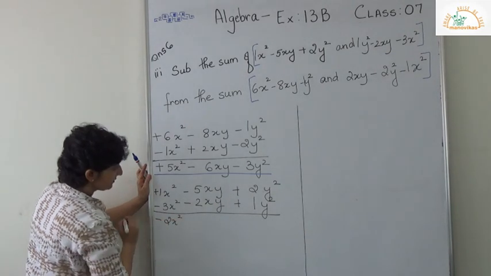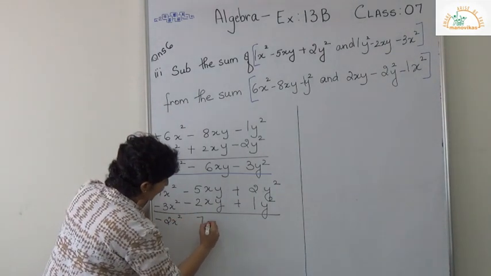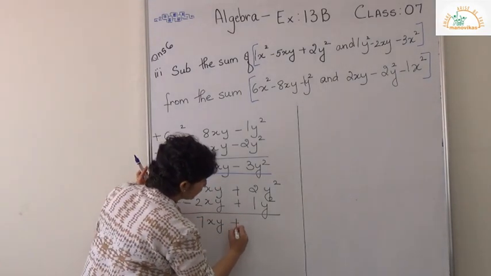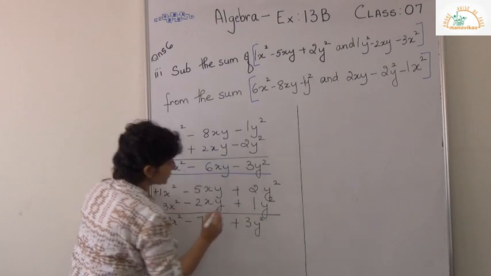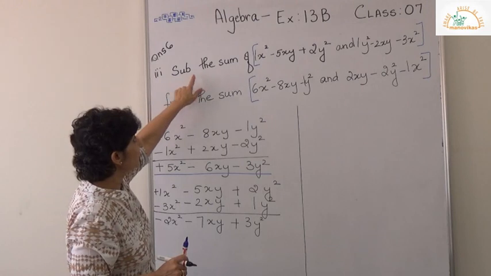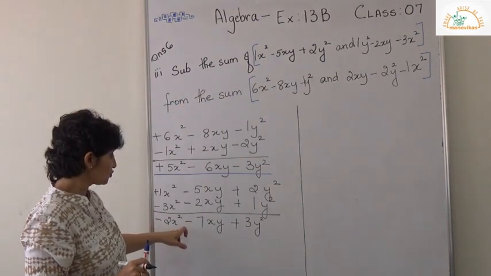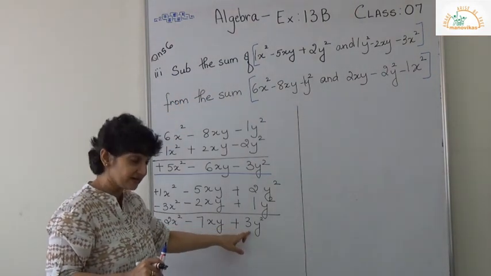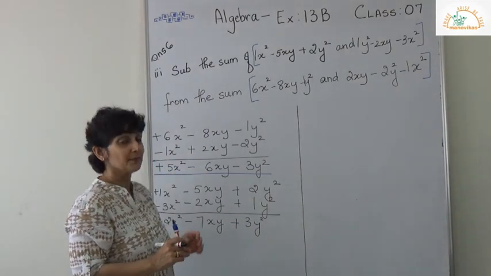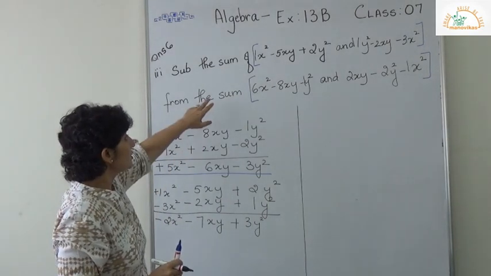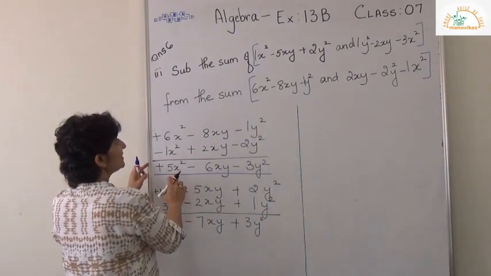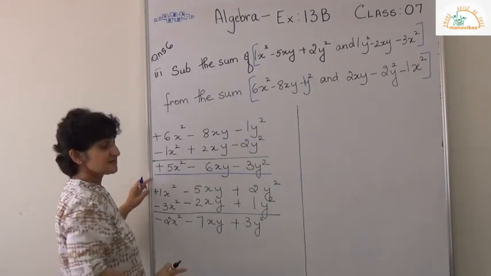Put the sign of the bigger number. Same family, add. Put the sign of the bigger number. Same family, add. So if I read this now, what does it mean? Subtract the sum of minus 2x squared minus 7xy plus 3y squared from this 5x squared minus 6xy minus 3y squared. So this answer I need to take first. So now I will do this answer minus this.